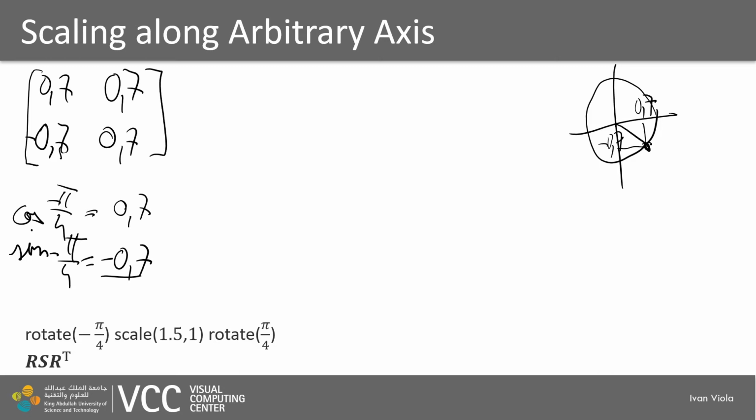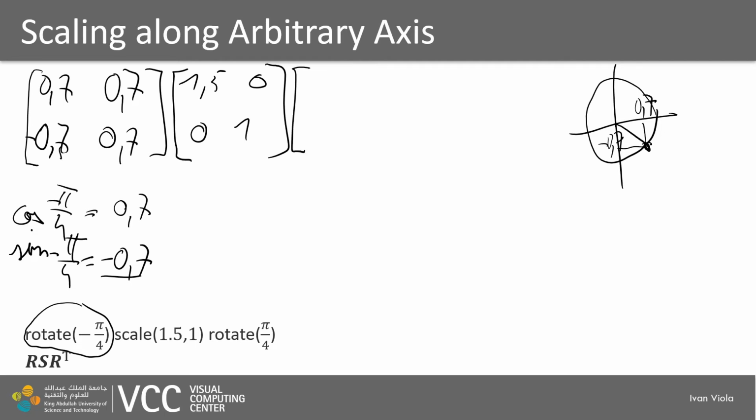So this will be our first matrix. And then we will have our scaling matrix. Oh, that is simple. It's just 1.5 on the diagonal and 1 on the diagonal in the second row.